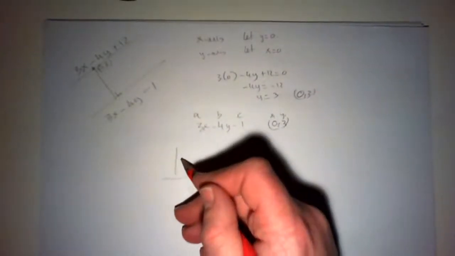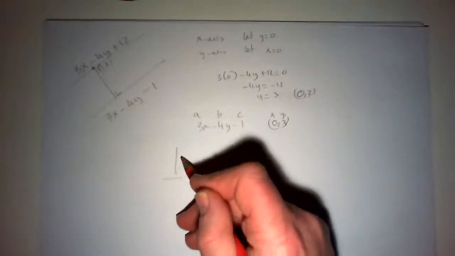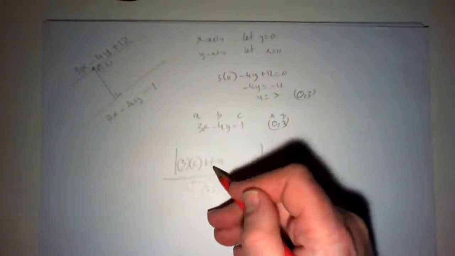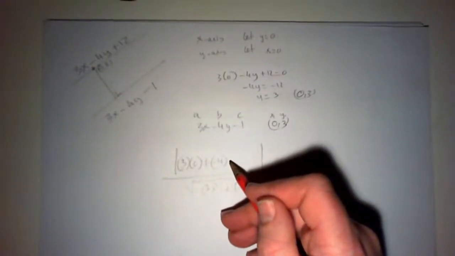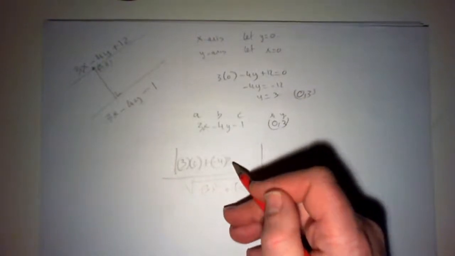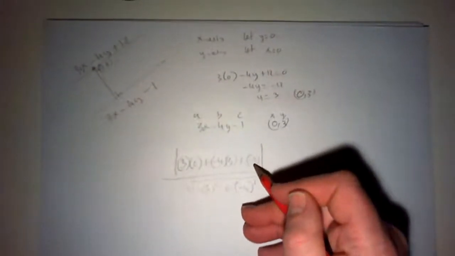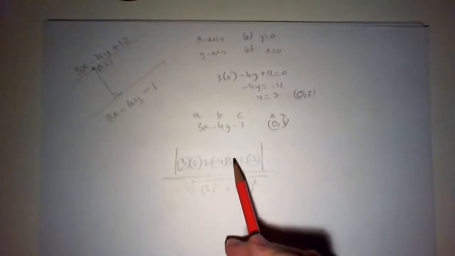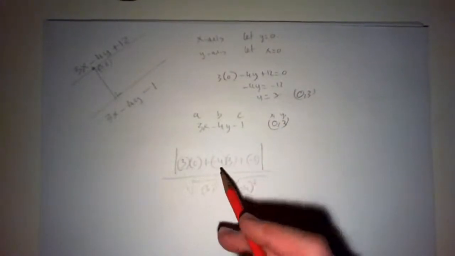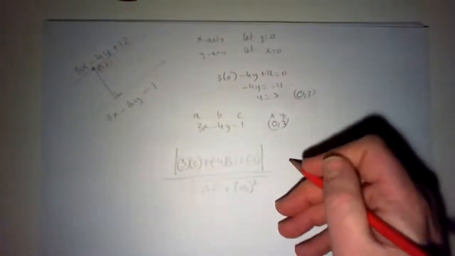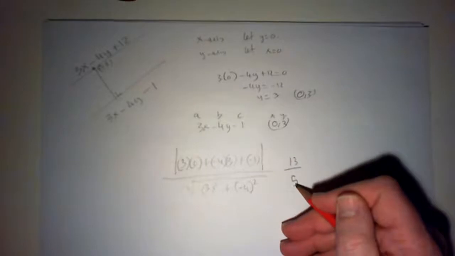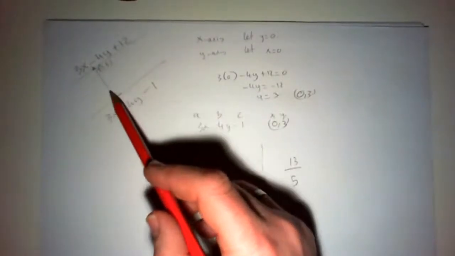We're going to have A times x1 plus B times y1 plus C equal 0. So that's minus 12 minus 1. That's minus 13, but we're looking at absolute value. So that's 13 over root 25, which is 5. That's the distance between 0 and 3 and that line.